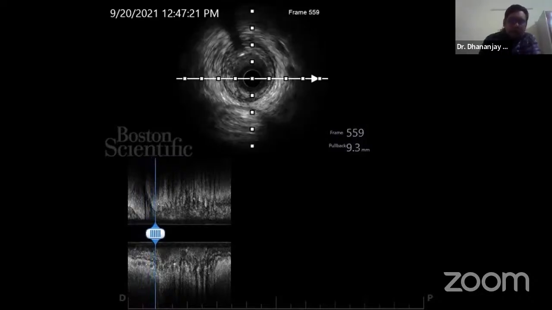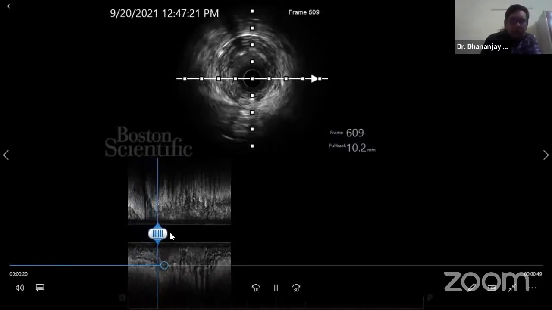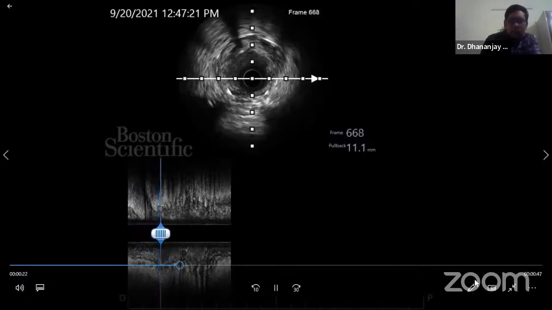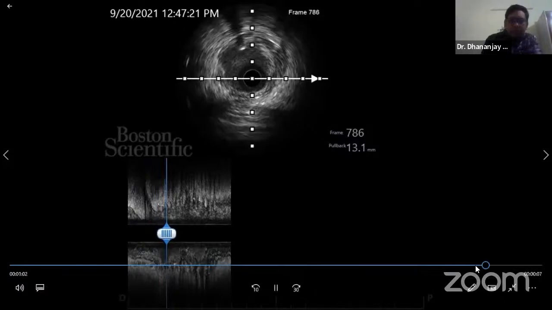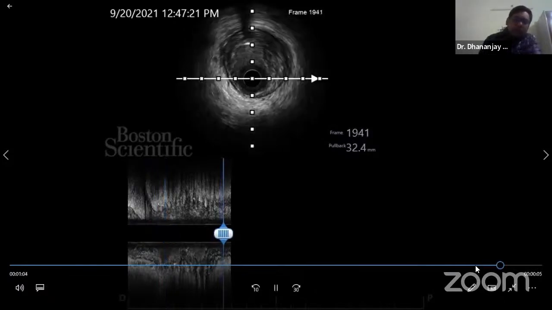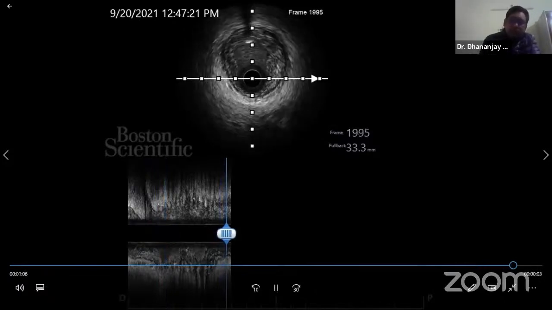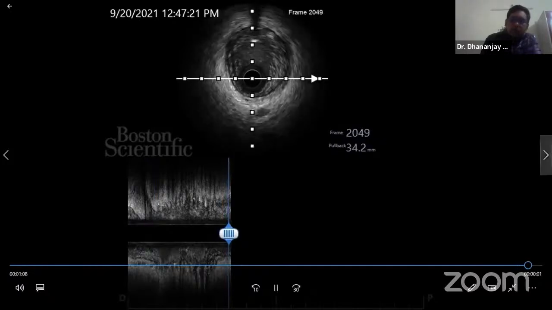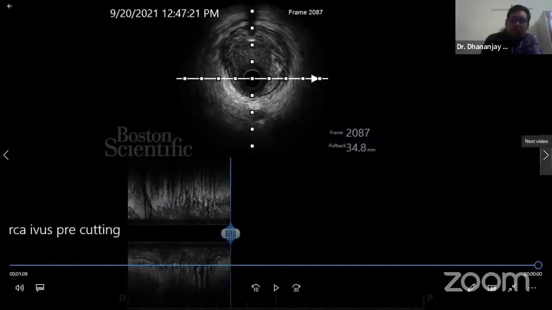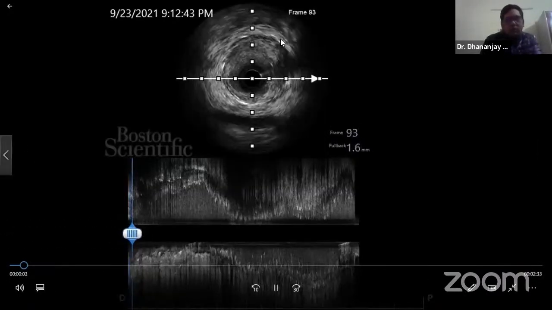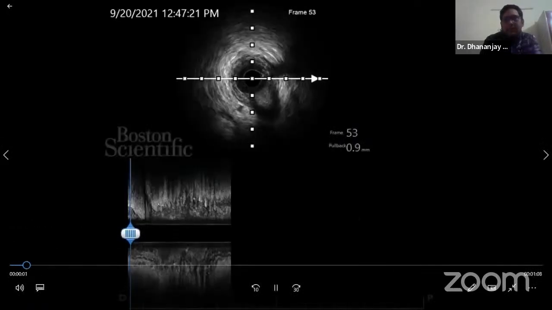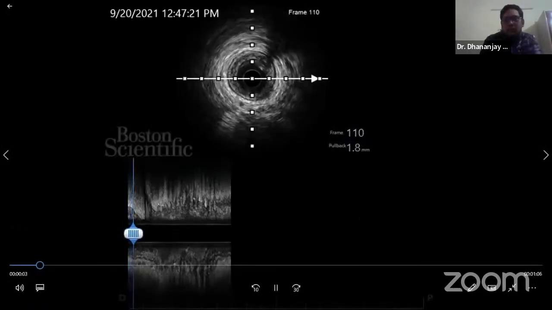This was the most critical stenosis part, so we decided to give a cutting balloon to this segment, and after that we will see.